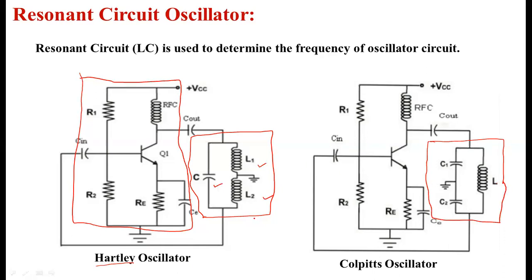Here we have the series combination of two capacitors C1 and C2, which is in parallel to the inductor L. So in Hartley, we use two inductors and one capacitor, and in Colpitts, we use two capacitors and one inductor as a feedback network. So let's calculate its frequency and feedback factor beta.